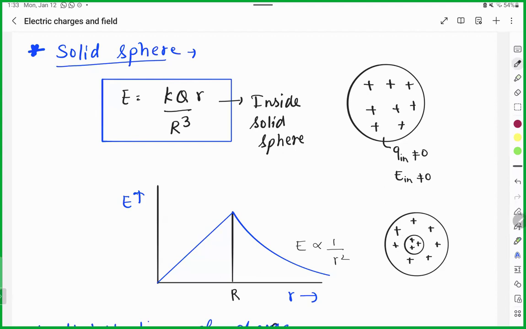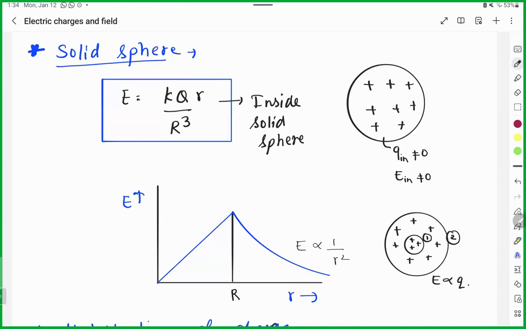Now tell me guys, where you should have more electric field? Anvita, in one or two? Two, because more charge, more electric field. Reason, because we know electric field directly depends upon the charge.